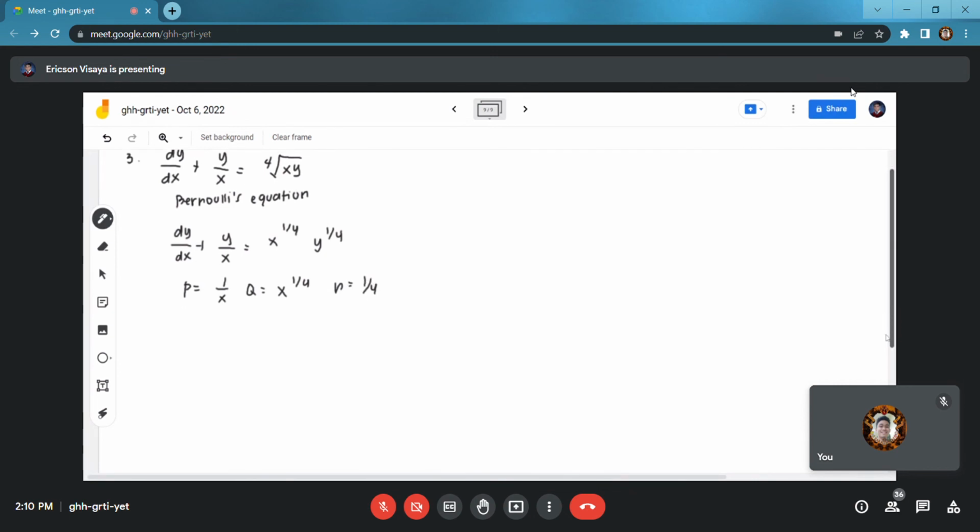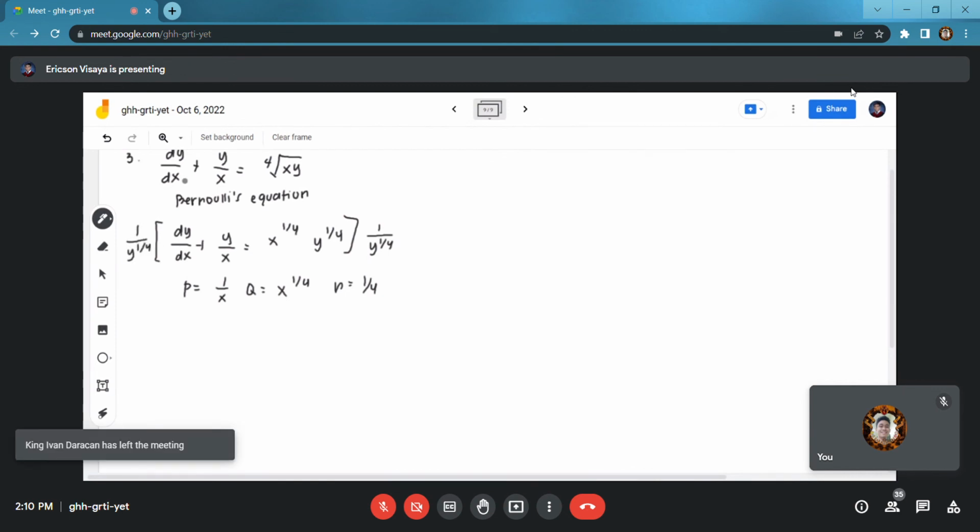Kailangan natin matanggal tong y raised to 1/4 natin. So kailangan natin mag-divide both sides ng y raised to 1/4. Then multiply both sides ng y raised to 1/4.